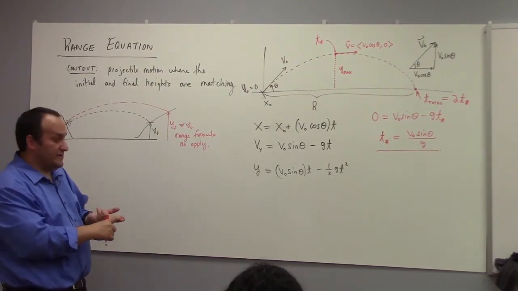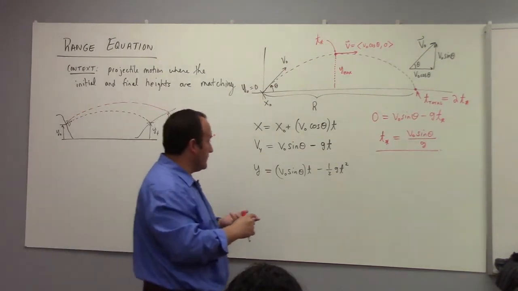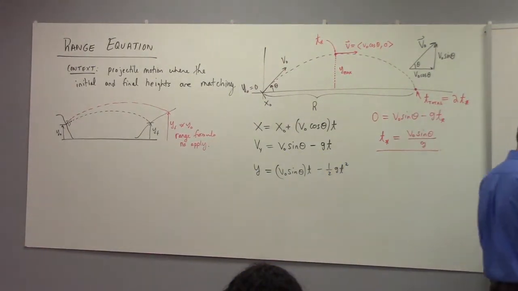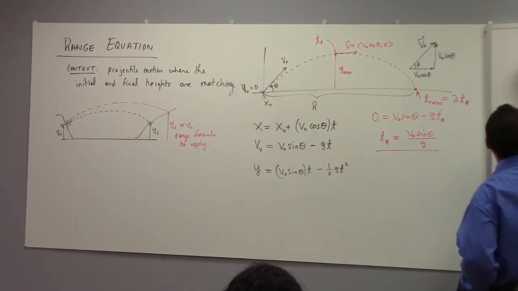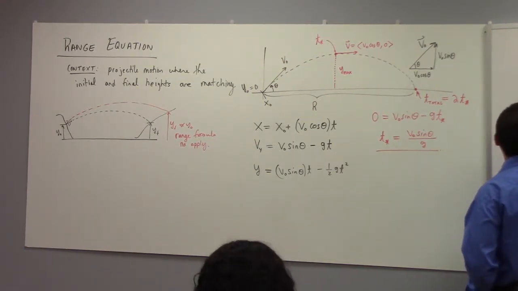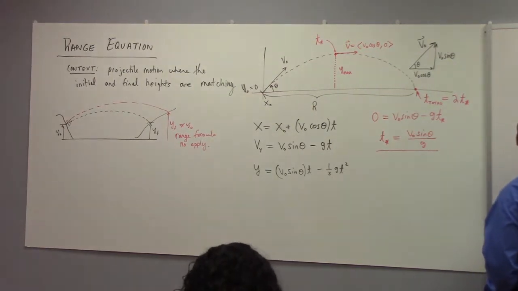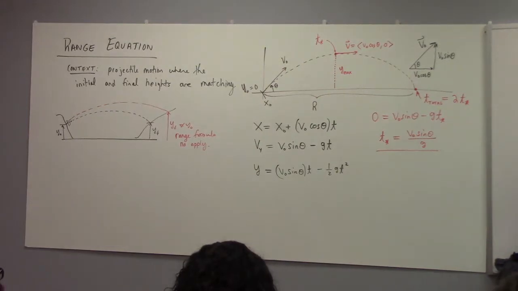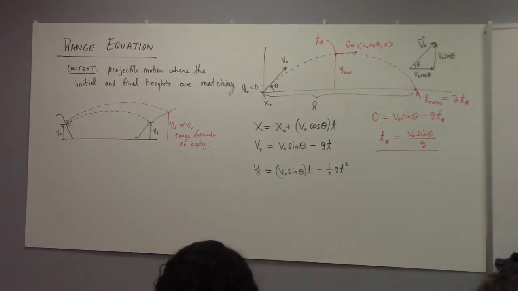Let's figure out the range. What's the range equal to then? So that's the x distance. We could also identify that as x minus x naught here. And so that would be v naught cosine theta times t total, right? But what is that?